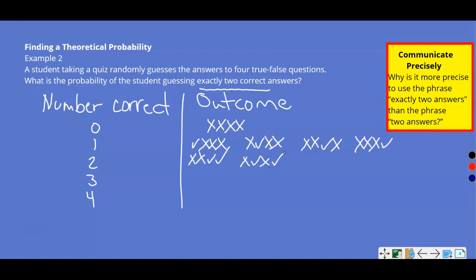All we did was move the correct over to the left one, so move this check mark over 1. Let's do that again: incorrect, 2 correct, and incorrect. So what I did now is move this one over to the right one to put the 2 correct answers in the middle. Now we can move this check mark to the front.